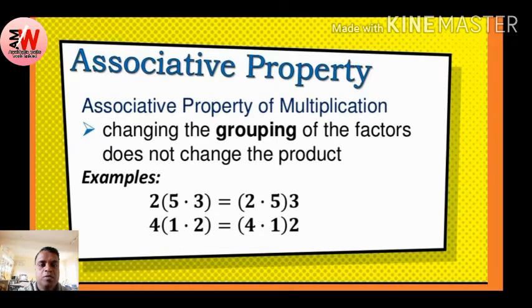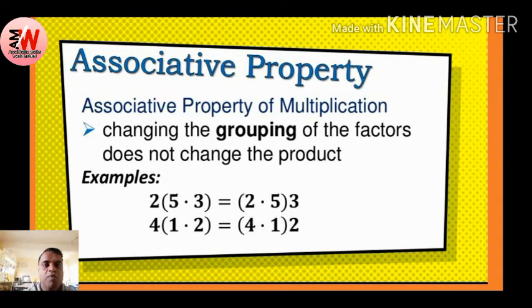See here: 2 into bracket 5 into 3 bracket complete equals bracket 2 into 5 bracket complete, into 3. 5 threes are 15, 15 into 2 is 30. 2 fives are 10, 10 into 3 is 30, so 30 equals 30. Similarly, 4 into bracket 1 into 2, 1 into 2 is 2, 4 twos are 8, equals bracket 4 into 1 bracket complete, into 2, 4 into 1 is 4, 4 twos are 8. So 8 equals 8, LHS equals RHS.